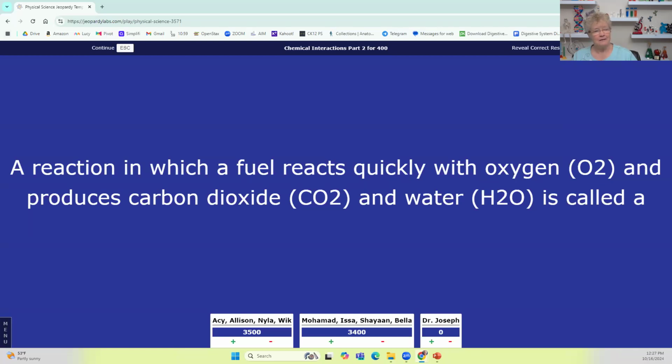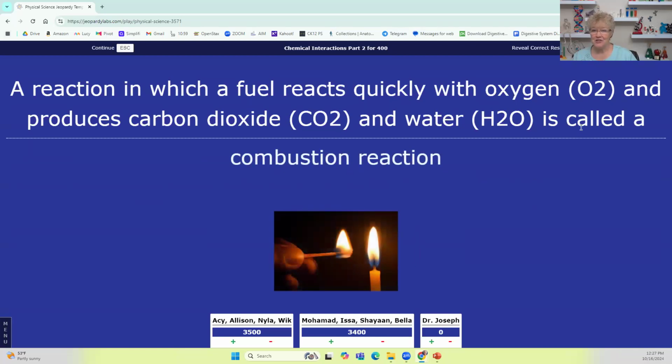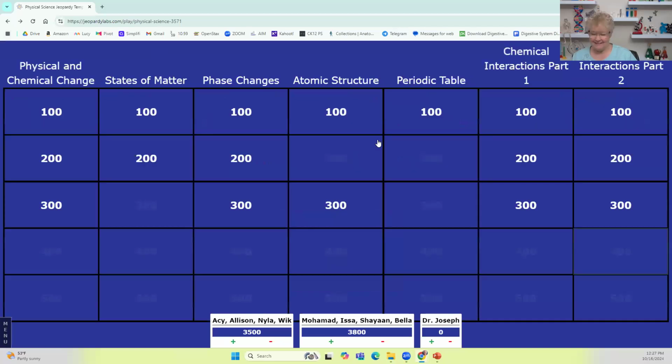Fuel and oxygen yield carbon dioxide and water. Anytime you light a match or make a fire, you are creating a combustion reaction. Excellent. All right. Now, last was AC. So, Allison.